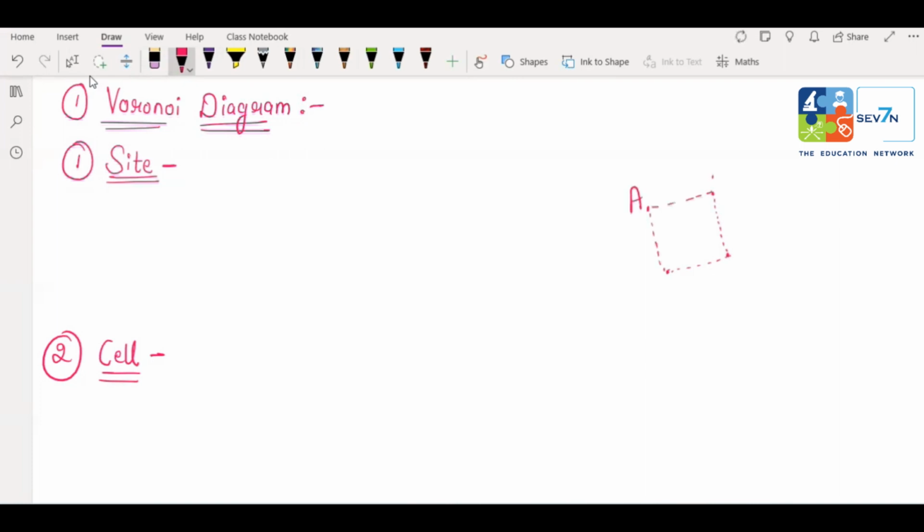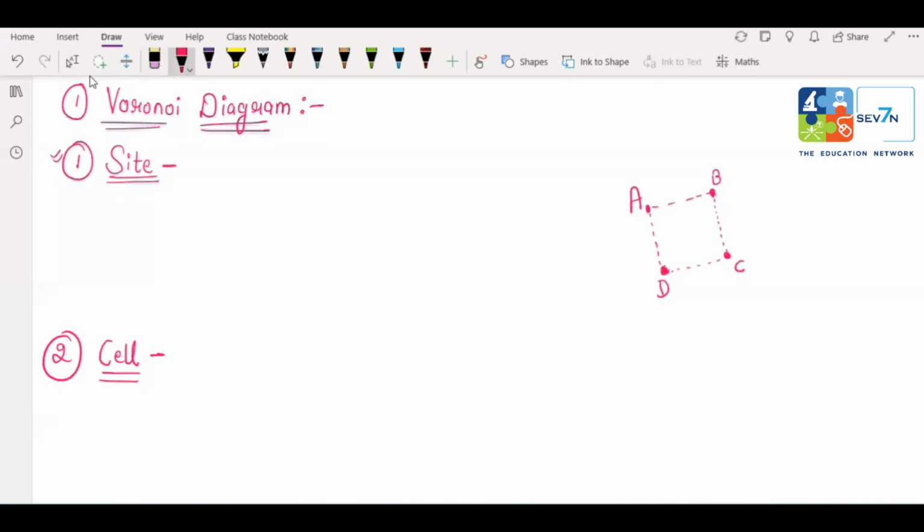Suppose this point is A, this is B, this is C, and this is D. Initially we take the set of points, so this is your set of points A, B, C, D, and this set of points is known as site.